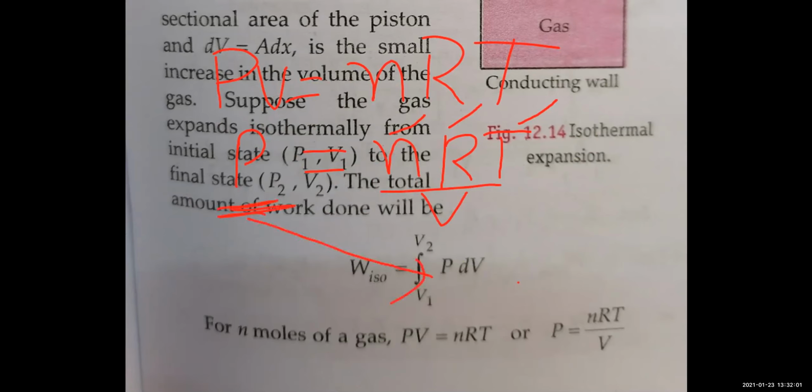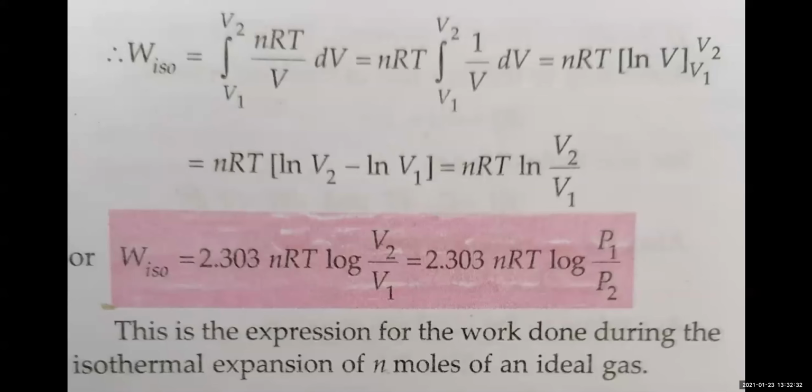If we substitute this value of P as nRT by V, then our equation will become the work done in the isothermal process, where instead of P we have substituted nRT by V, right?